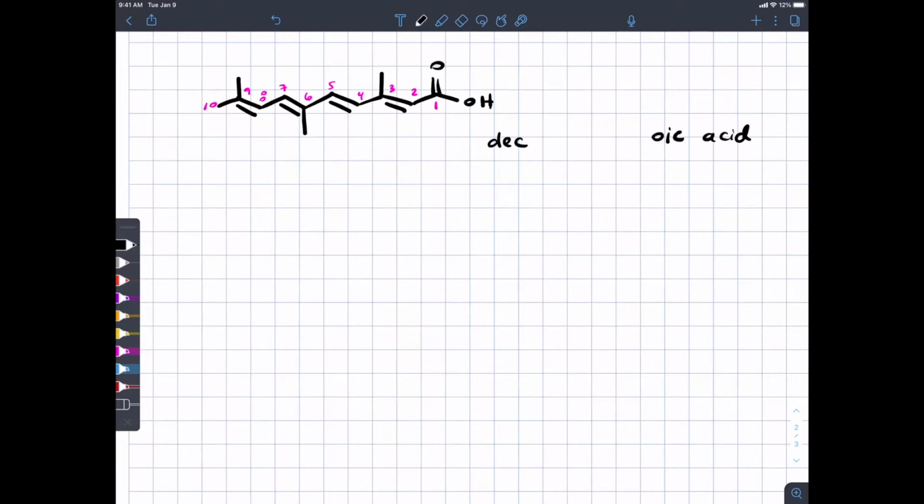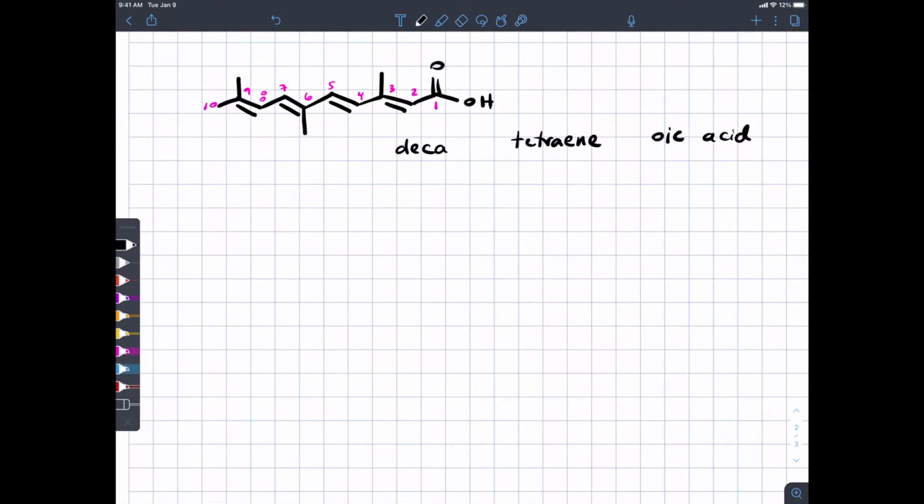So that's dec or deca. Either is fine. How many double bonds do I have? 4. Okay. So I'm going to need an ene in there. But there's 4 of them, so I'm going to need a tetraene.